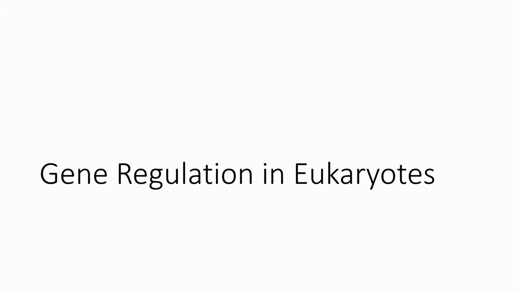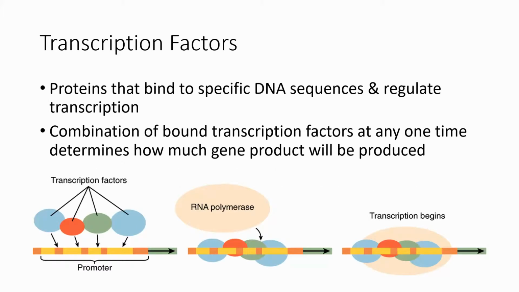Everything is more complex in eukaryotes, including regulating gene expression. So instead of having a single promoter and maybe a single repressor with a co-repressor, or a single activator and an inducer molecule, you now have what are called series of transcription factors. A transcription factor is a protein that will help regulate transcription.